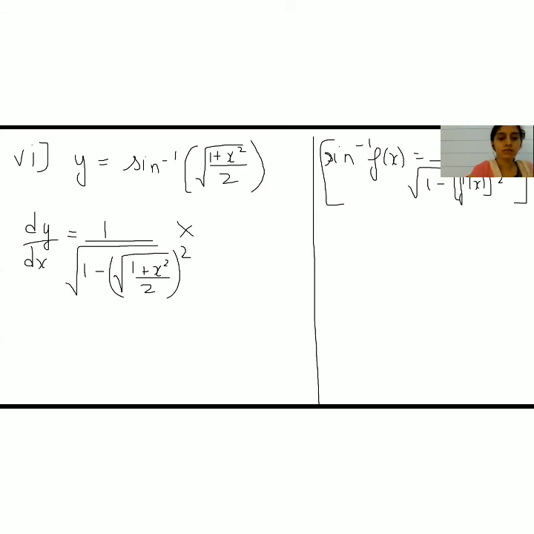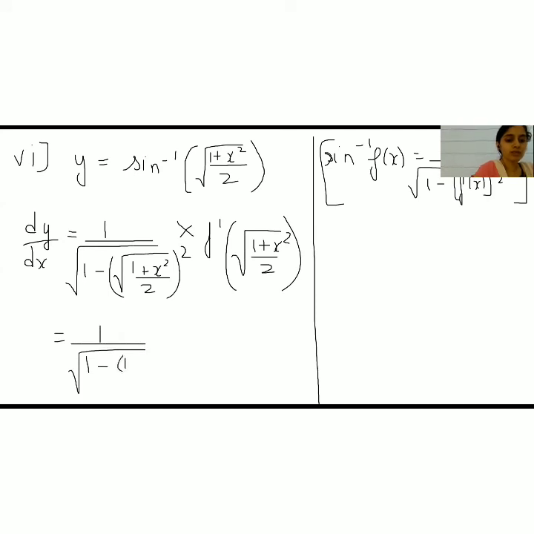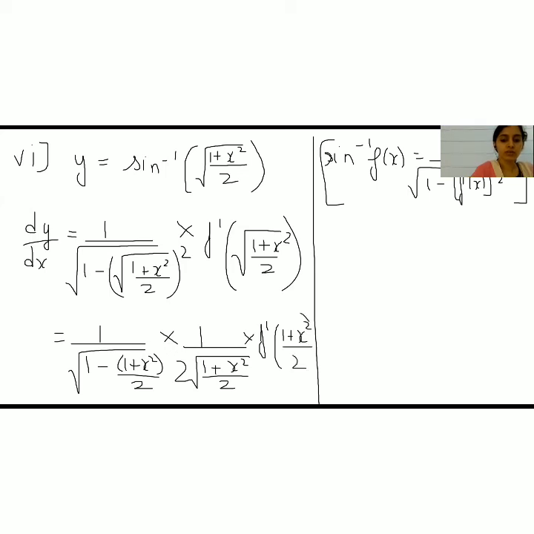So f dash of x will be the derivative of the entire root function, 1 plus x square by 2. Our next step will be to remove the root sign first. So 1 minus 1 plus x square upon 2, multiplied by the derivative of a root function, which means 1 upon 2 root of 1 plus x square upon 2, multiplied by f dash of what is left now, the inner function 1 plus x square upon 2.